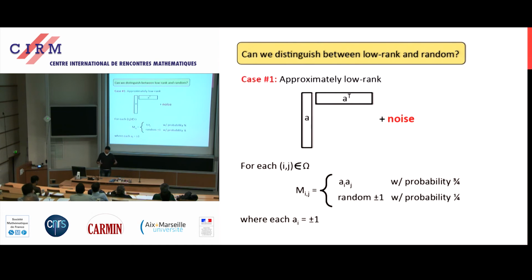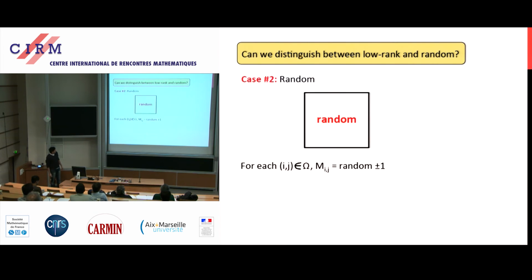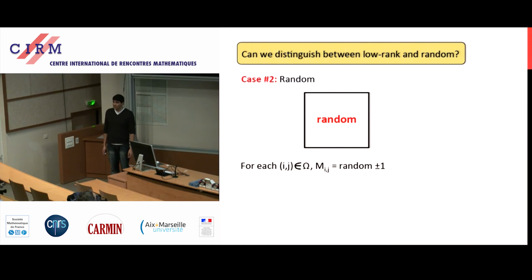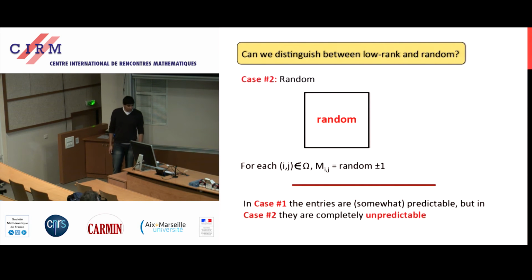So in this setting, there is some low rank structure. In fact, there's some rank 1 structure that if you learned it, you could certainly predict the entries non-trivially, because you would certainly get at least 3/4 of the entries right. Actually, you'd get 7/8. Or can you distinguish it from the case where your observations don't come from a rank 1 piece, but are just complete noise? Every entry is a random plus minus 1. This is a very natural distinguishing problem, which I claim that matrix completion has to solve, at least noisy matrix completion.